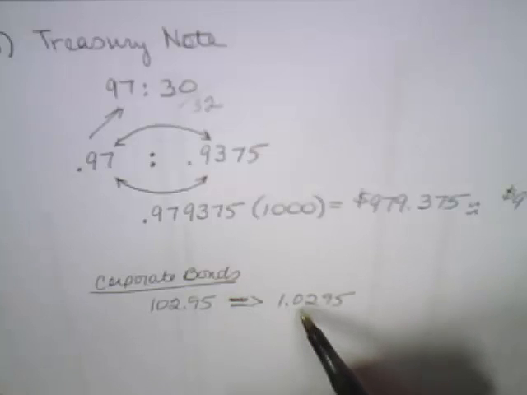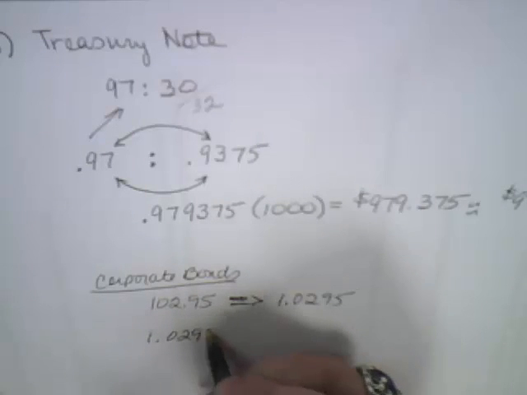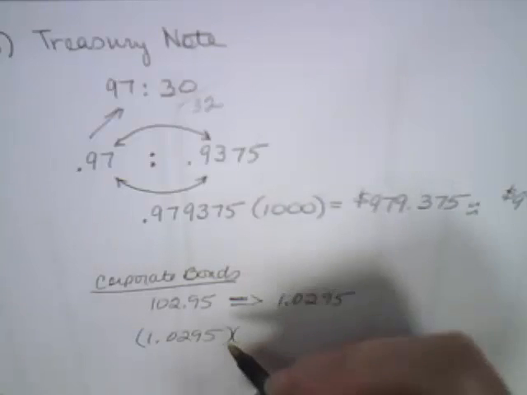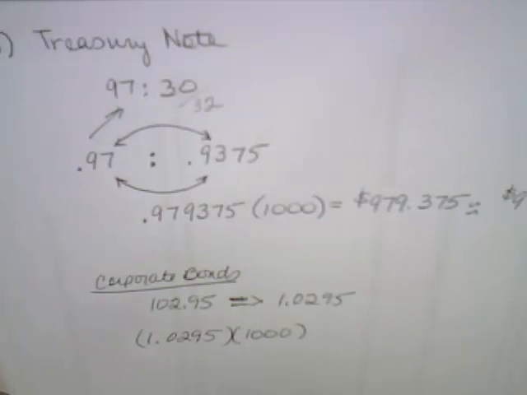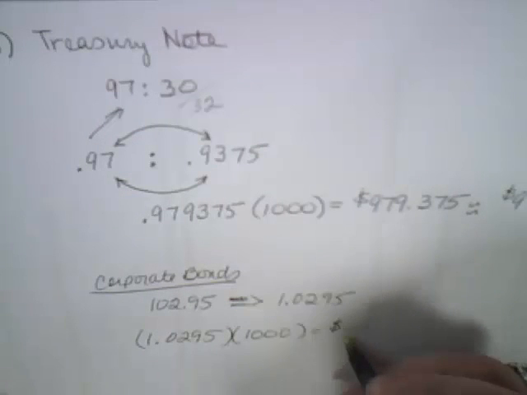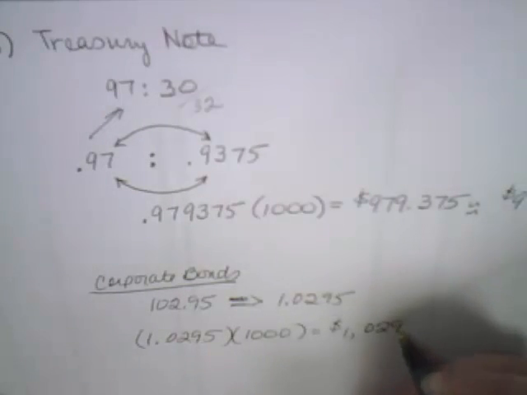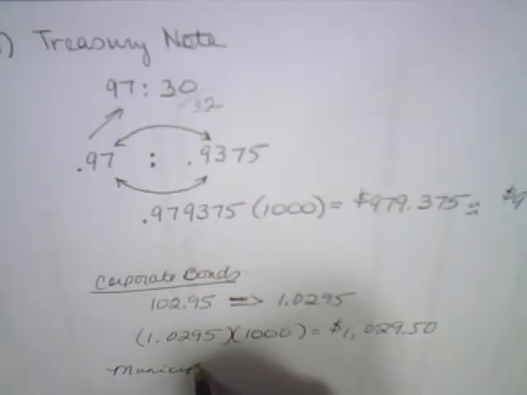So that's 1.0295 times. It's basically the same number. So when we take this 1.0295 and multiply it by the original value of the bond of $1,000, we get the figure of $1,029.50.